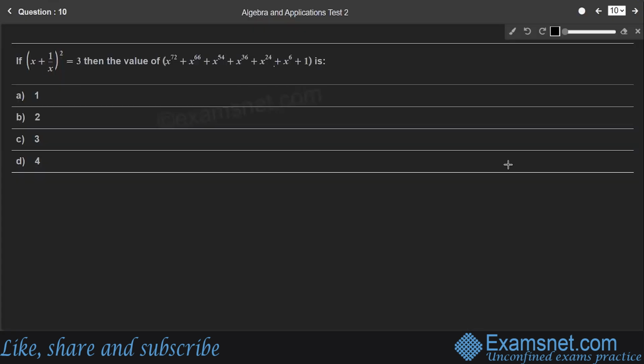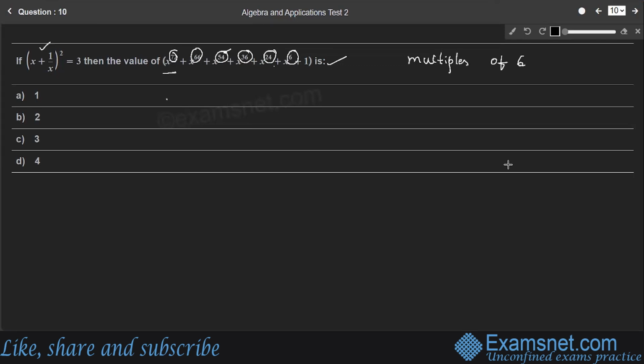Question number 10. If x plus 1 by x the whole square is equal to 3, then the value of x raised to 72 plus x raised to 66 plus x raised to 54, so on up to 1 is equal to. So look at the exponents here: 72, 66, 54, 36, 24 and 6. All these powers are multiples of 6.